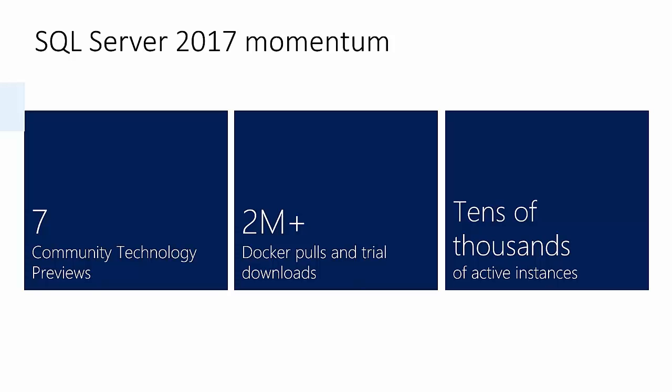Recently we hit 2 million Docker pulls and trial downloads, as well as tens of thousands of active instances across all distros. One note I would add here is that we're not looking at an active instance as just a running SQL Server engine; we consider the instance active only if a key differentiator feature is actually being used.